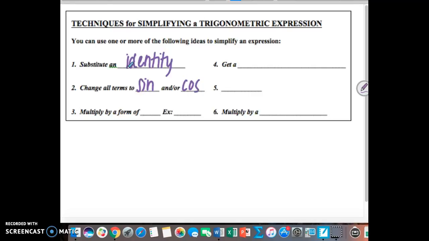Third step is to multiply by a form of 1. An example of this would be multiplying by tangent of x divided by tangent of x. Another example would be sine of x divided by sine of x. And something else we can do is get a common denominator.